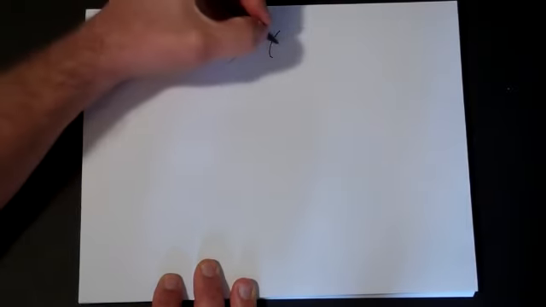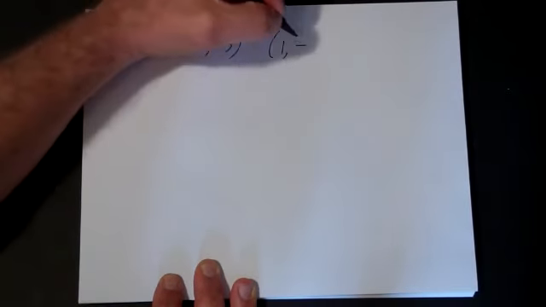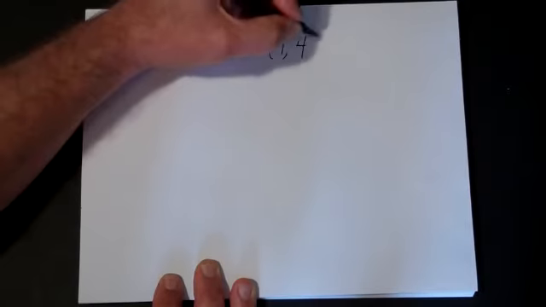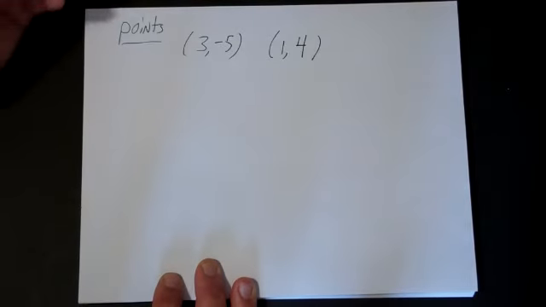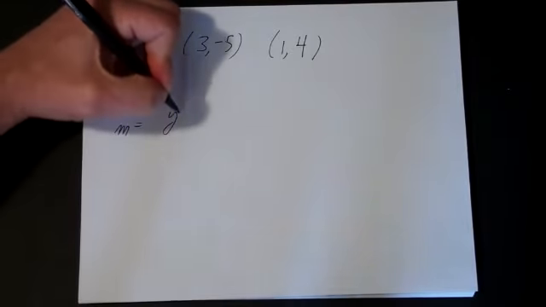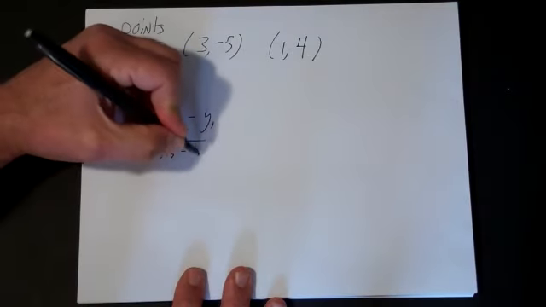So let's say we're given 2 points. Let's say we're given the points 3, minus 5, and let's say 1, 4. So the slope formula, y2 minus y1 over x2 minus x1.